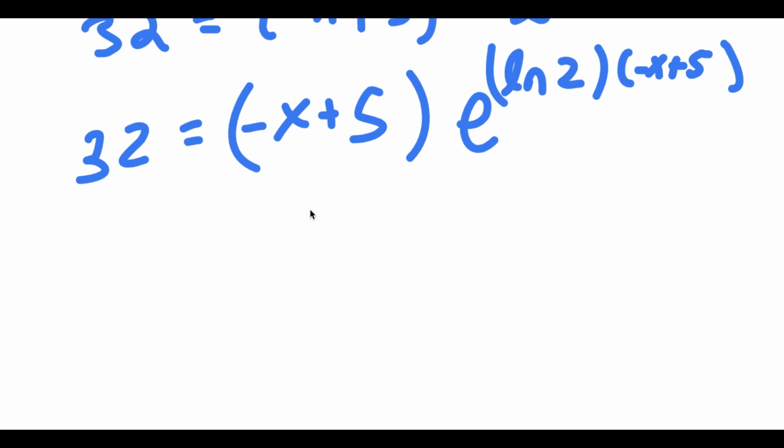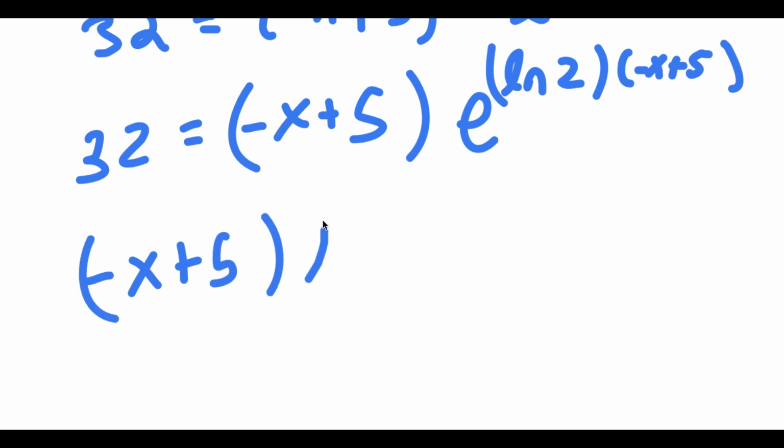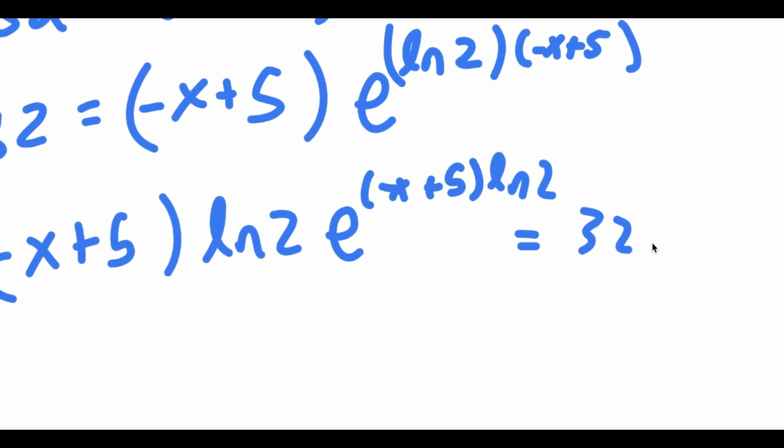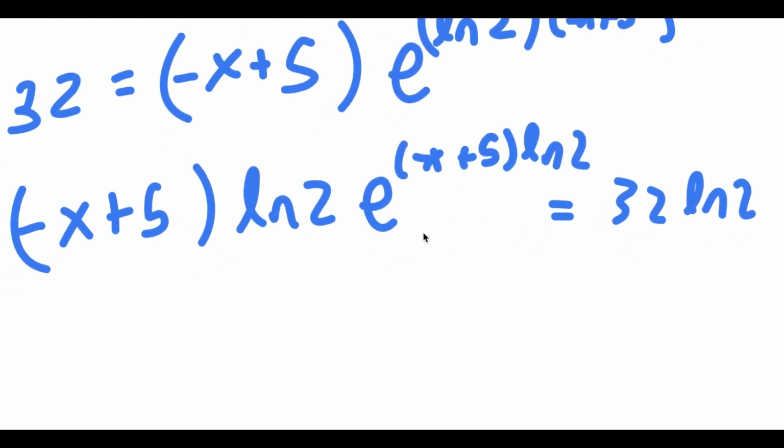And now it's the same thing as (negative x plus 5) times ln 2, times e to the power of (negative x plus 5) times ln 2, is equal to 32 times ln 2. So I just multiply both sides by ln 2.